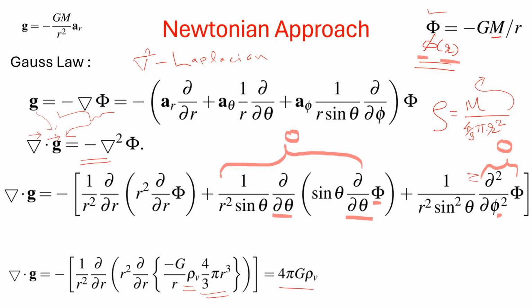So here divergence of g is equal to 4 pi G rho or rho v, whatever you call. This is known as Gauss law.